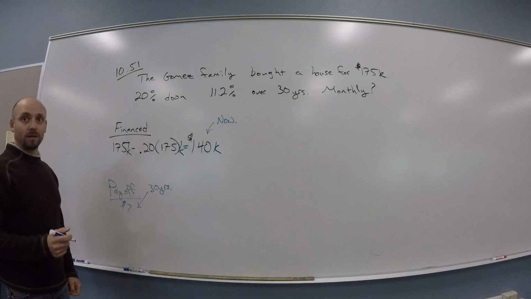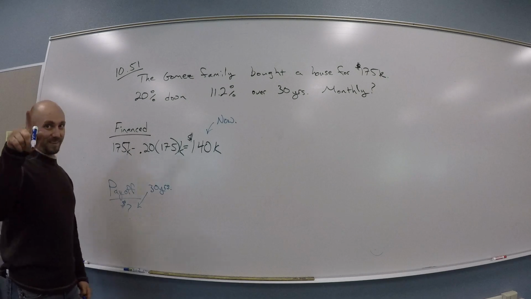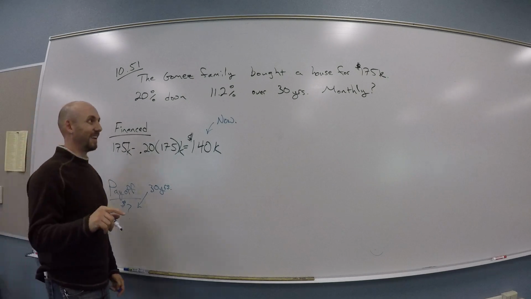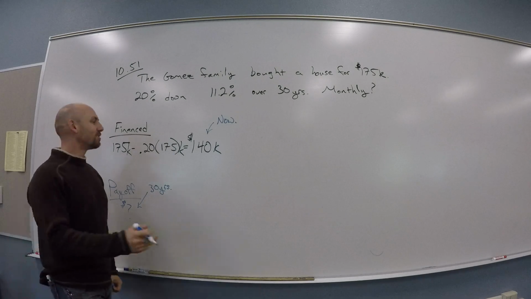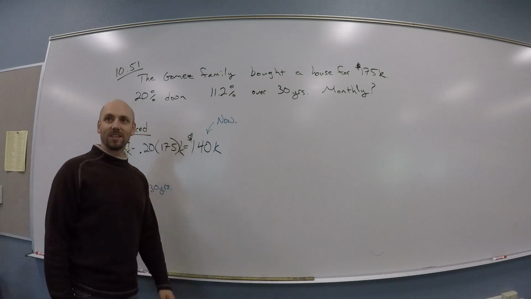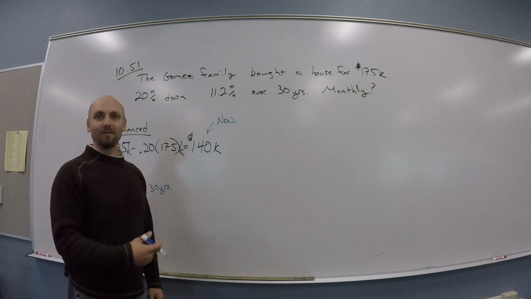You multiply 30 by 12, and then you subtract 1 from that, right? No, I'm not annuitying yet. I just want to know $140,000 today is worth some amount of money in the future, at 11% interest.